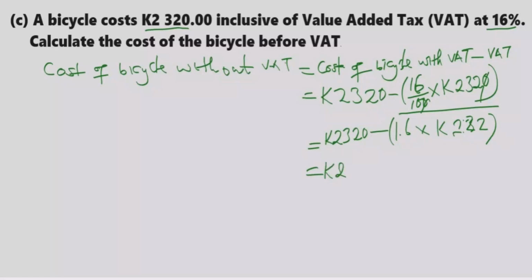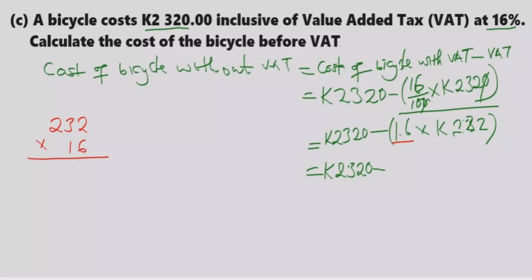Okay, so we continue writing the price of the bicycle with the VAT. So that is 2,320 kwacha minus. So we multiply this. Let's come to the left side of the screen. So we have got 232 times. So this one, we make it a whole number. Remember, the point has just moved one place, so we write 16 here, so that it makes our multiplication easier.